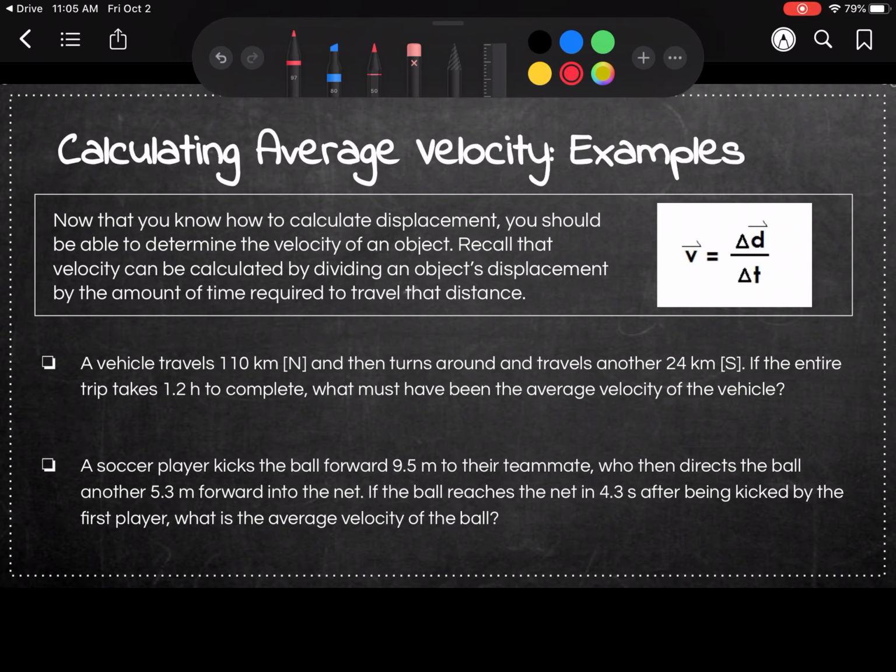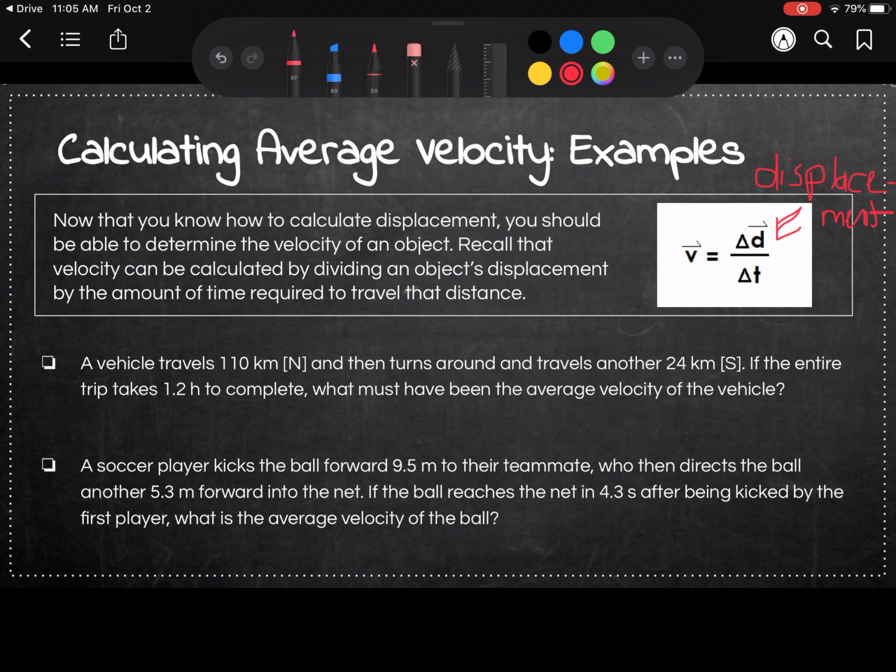So that big thing about the difference between speed and velocity, this is our displacement. I'm just going to write displacement. So that D on the top, that delta D with the little arrow, that's telling us it's our displacement.